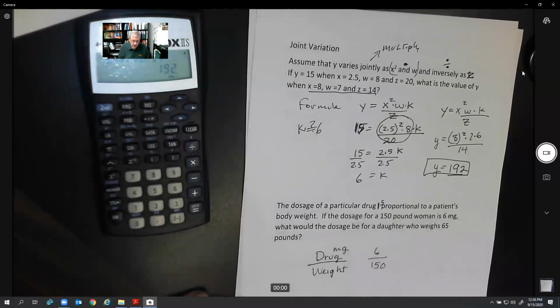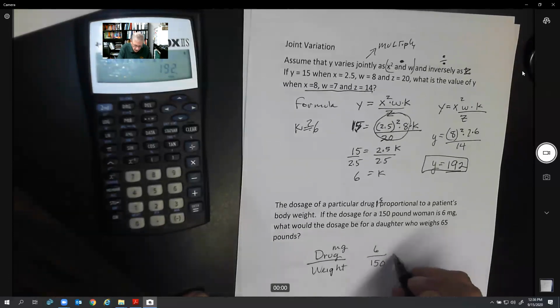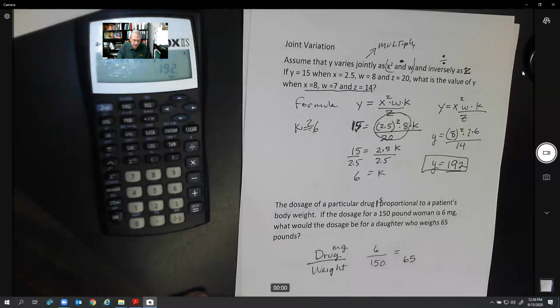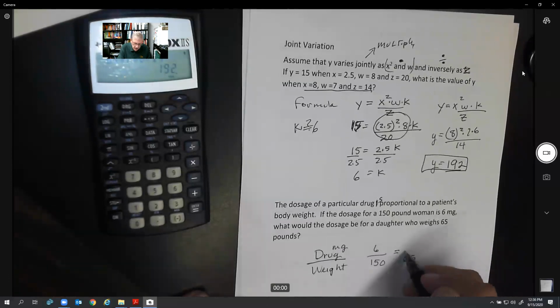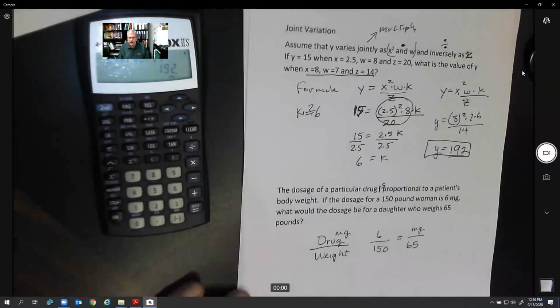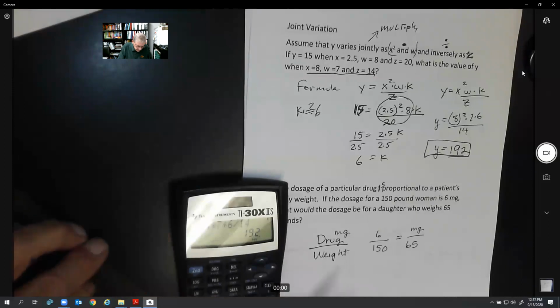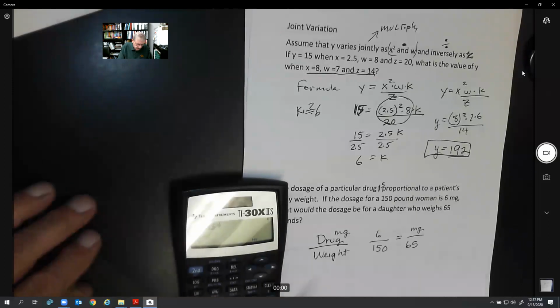Okay? Now the doctor wants to give it to her daughter. Daughter weighs 65 pounds. So what's the dosage of milligrams that we're going to give to the daughter? Well, let's find out. See, by setting it up this way, it's a little bit easier.